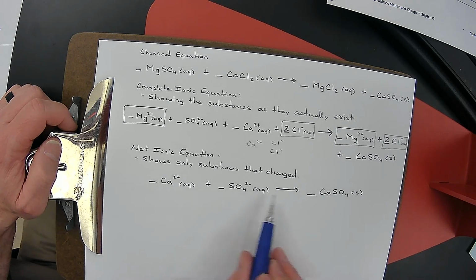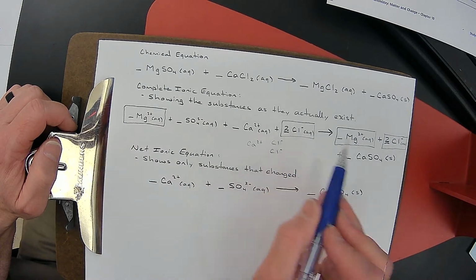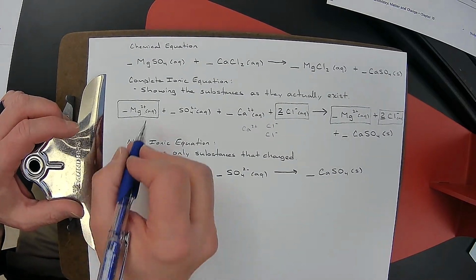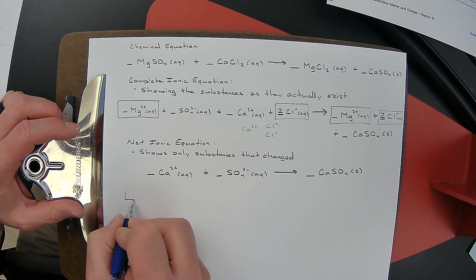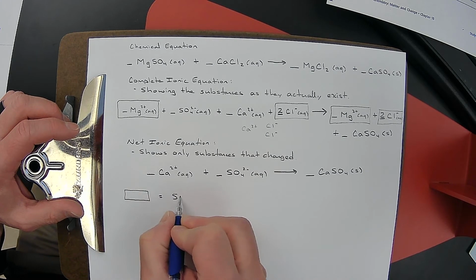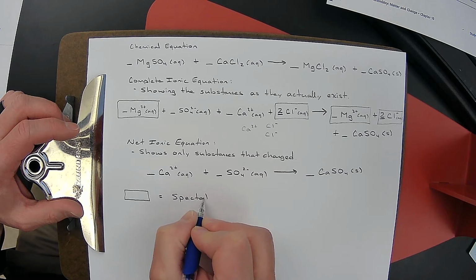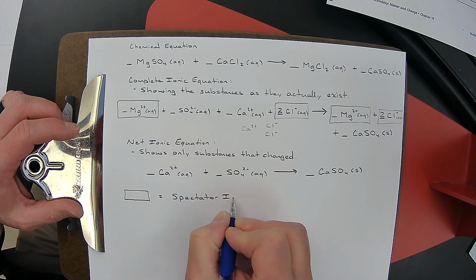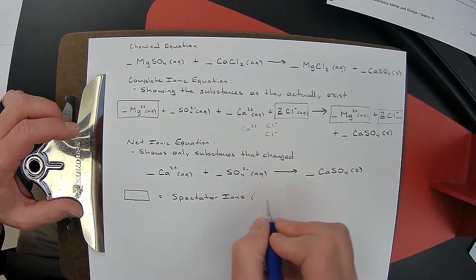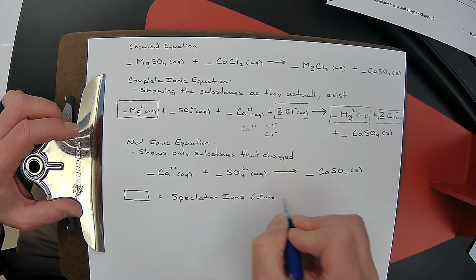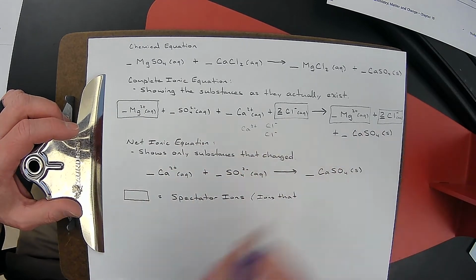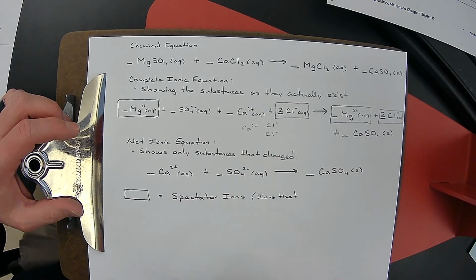Notice the net ionic equation does not involve anything that didn't change. All the things that didn't change, the boxes up above, these boxes are called spectator ions. Spectator ions are ions that do not change. They are spectating. They are just watching other things change, and nothing happens to them.